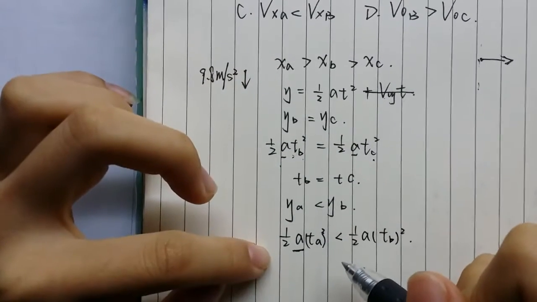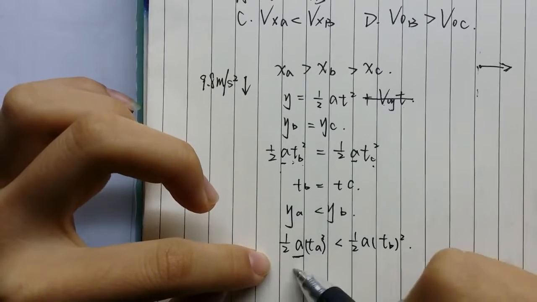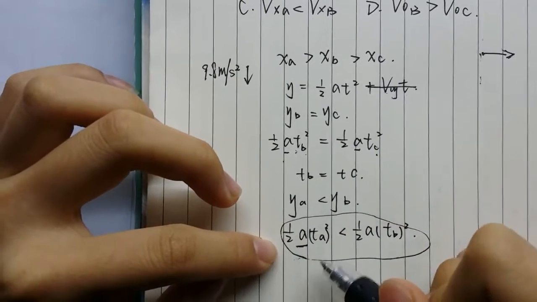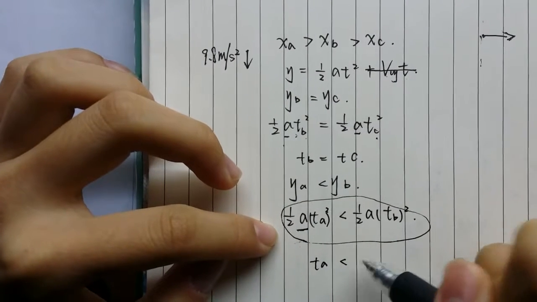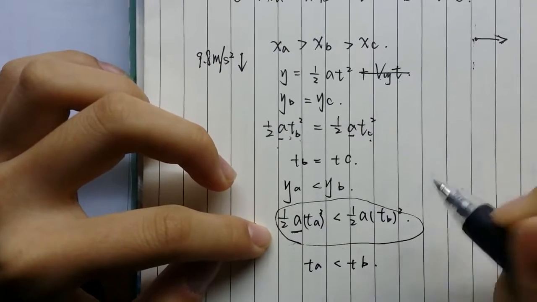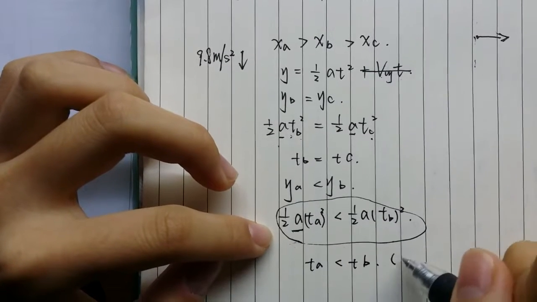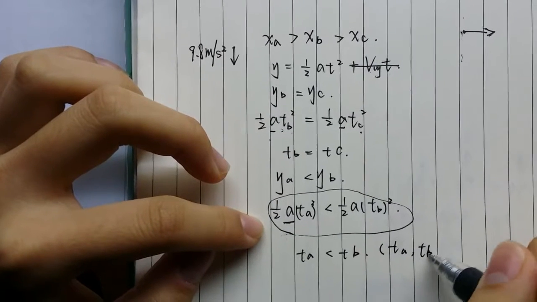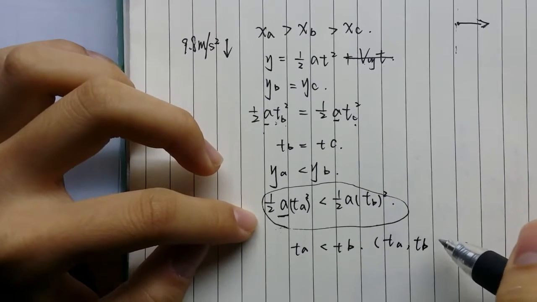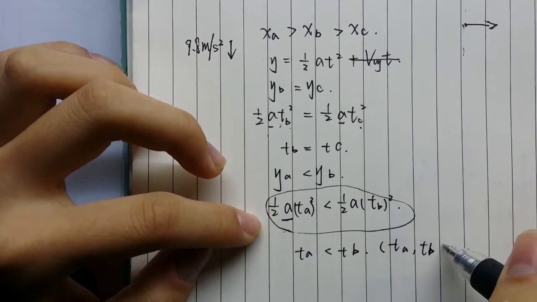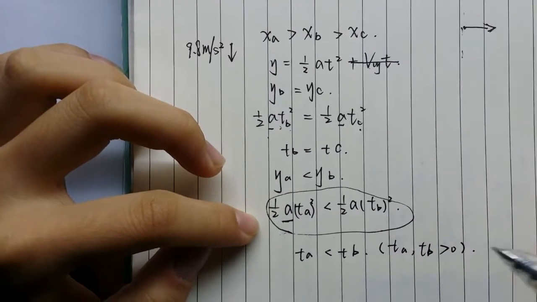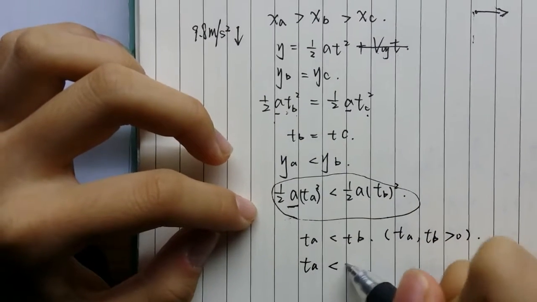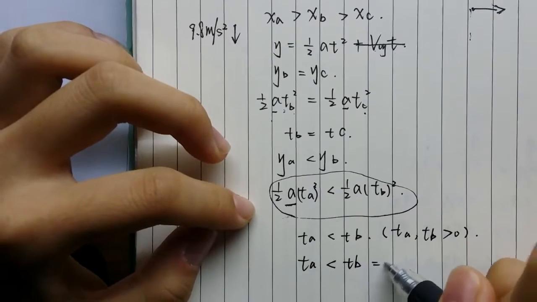To make this one become true, we have to let TA be smaller than TB. T is time, so they have to be bigger than 0. So now we get that TA is smaller than TB and TB equals TC.